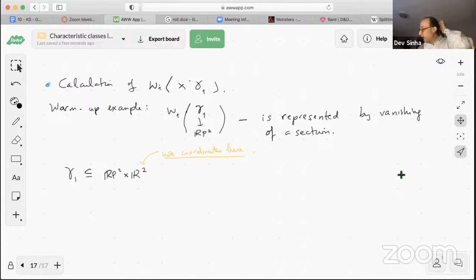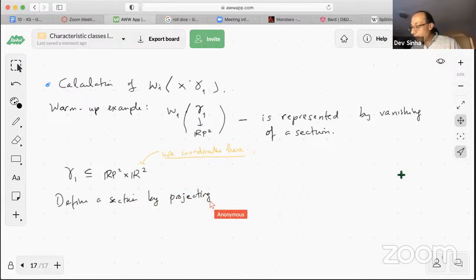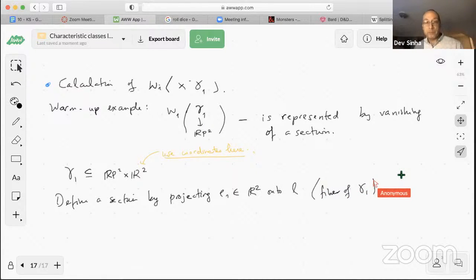So what we can do is, for example, define a section by projecting the coordinate E1, call it, in R2 onto the L, which is the fiber of gamma 1 over a point in RP2.